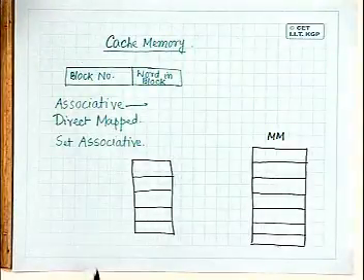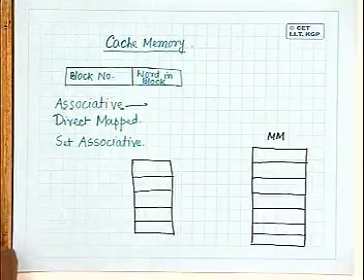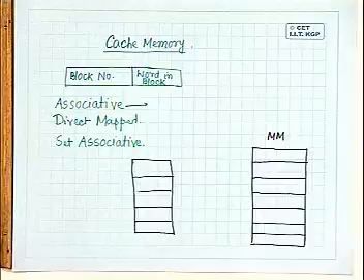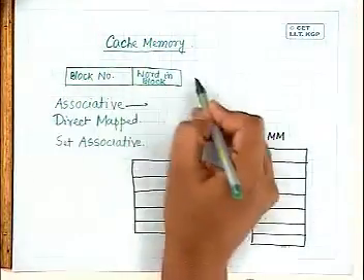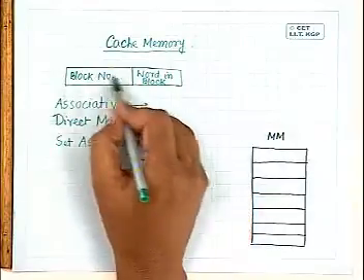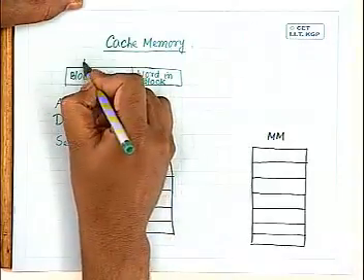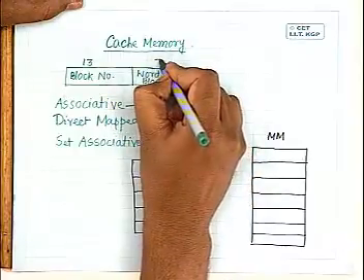Now coming to this example, let me consider a smaller machine as an example. Suppose I have a machine which accepts a 16-bit address. Out of those 16 bits, suppose the block number contains 13 bits and the word in a block contains 3 bits.